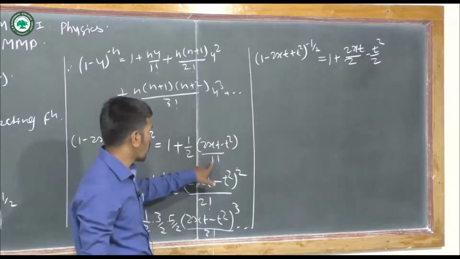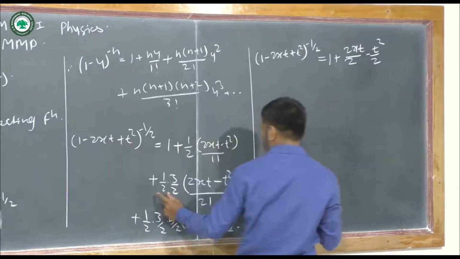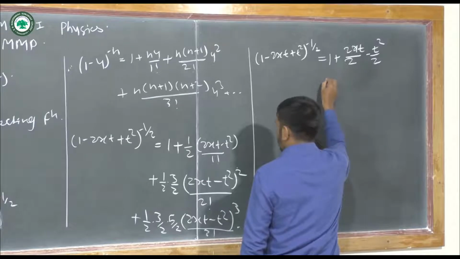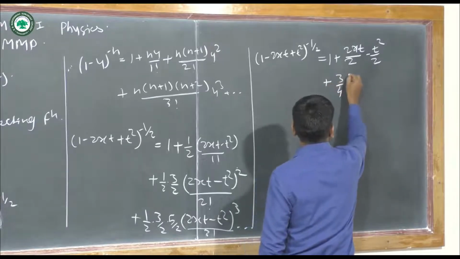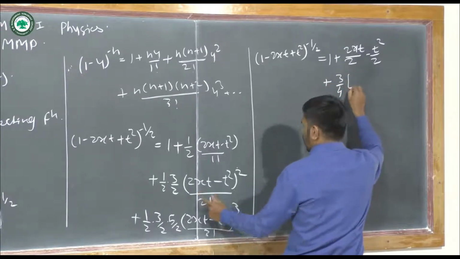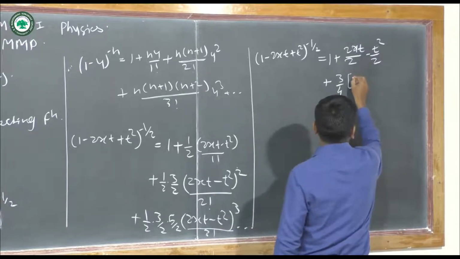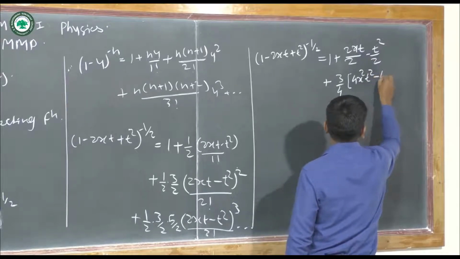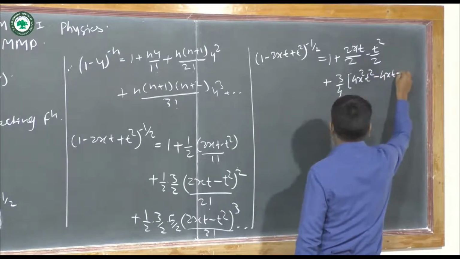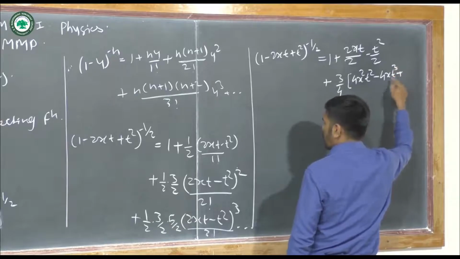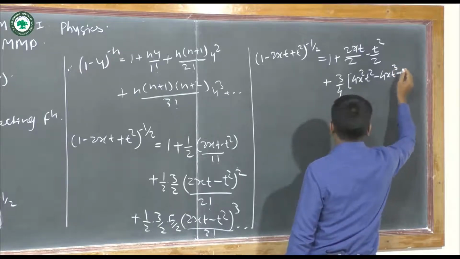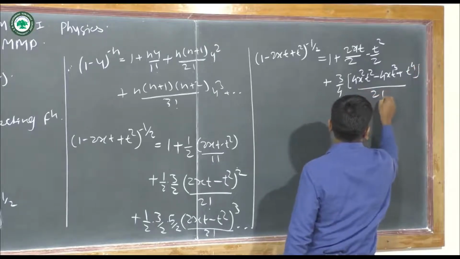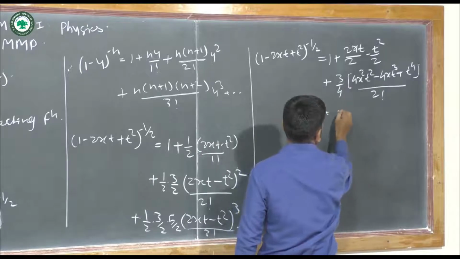I am not writing the 1 factorial. And for the next term, plus 3 by 4 into, if I expand, 4x square t square minus 4xt cube plus t power 4, divided by 2 factorial, and so on.